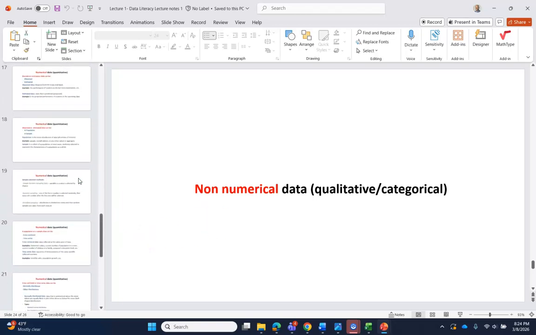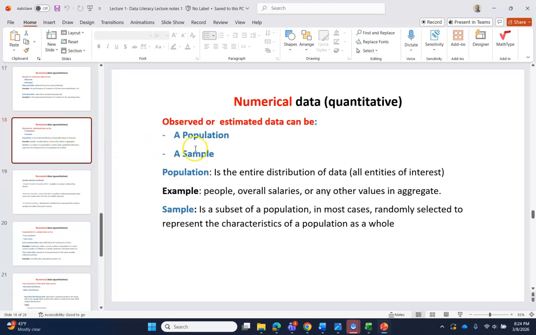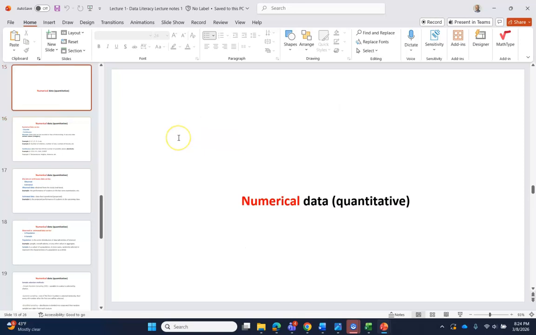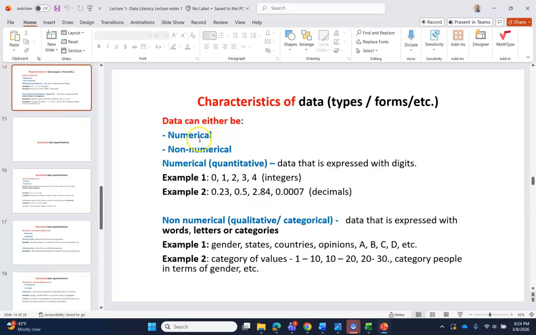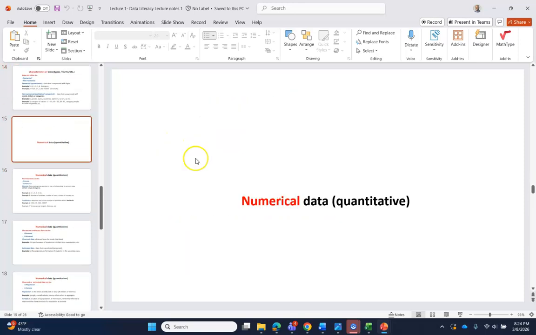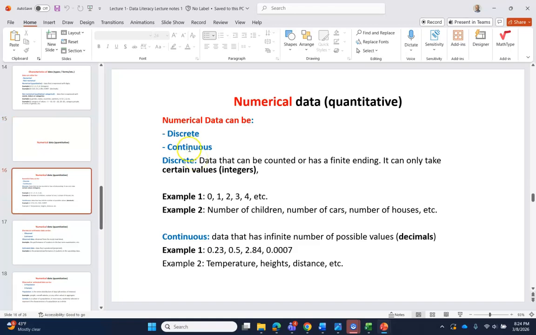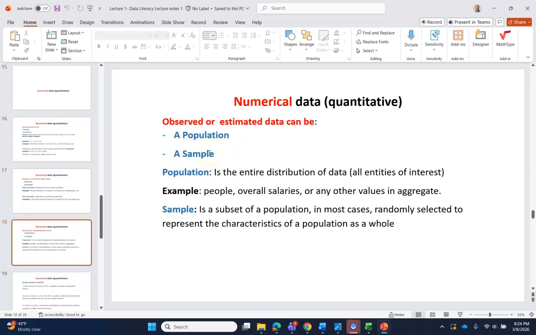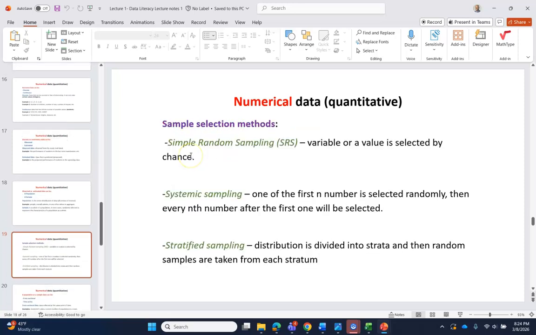And so it's important to understand those characteristics. As we have said, first of all, you should know that data can either be numerical or non-numerical. And for the numerical data, your data can be discrete or can be continuous, can also be observed or estimated, can be big data or population or a sample.